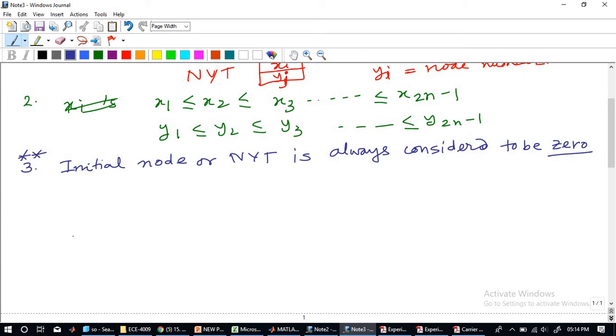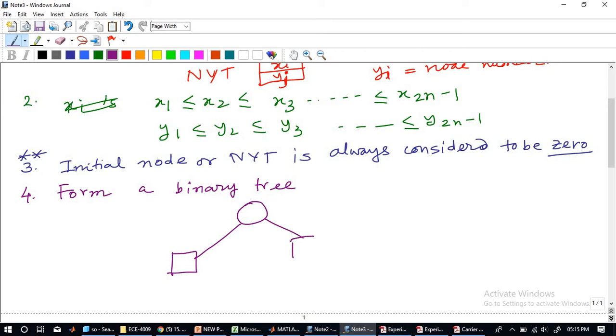Okay. Fourth, form a binary tree using the technique. I'm drawing it and I'll explain it after that. These are called, this is an external node, sorry.